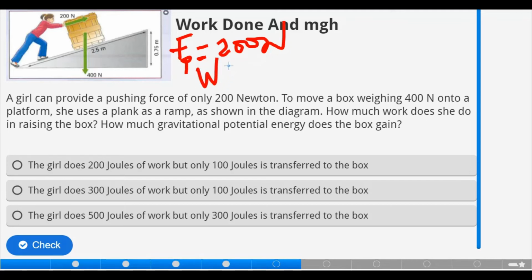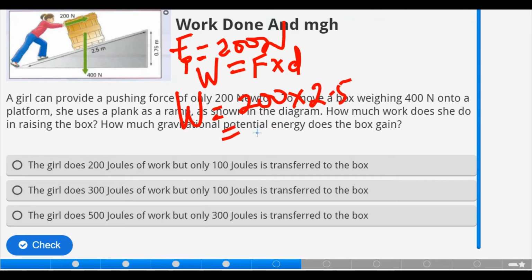And with that, we already know that work that will be done is force times distance. Don't forget that she's pushing through a distance of 2.5. That will be W is equal to F, which is 200, multiplied by 2.5. I can write 2.5 in proper fraction.